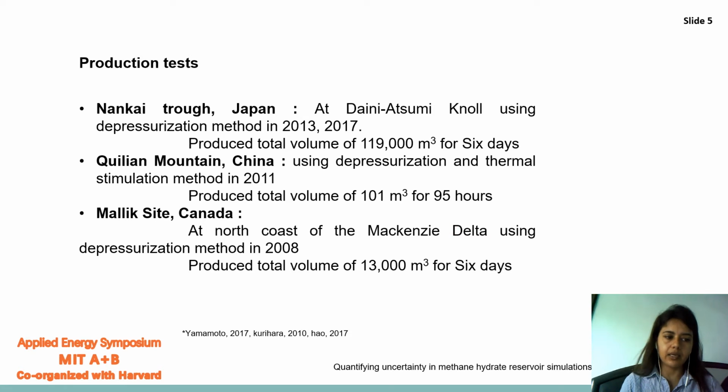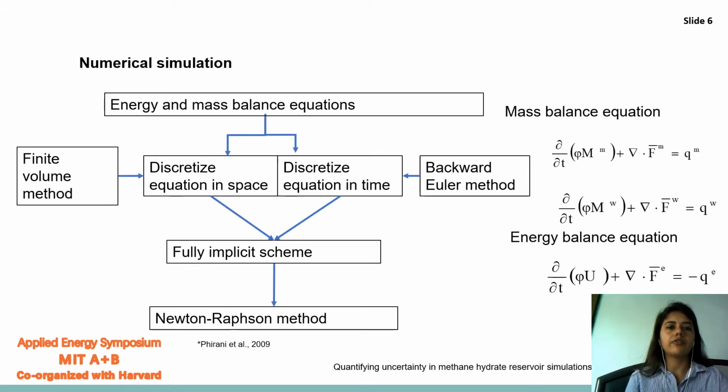Usually, numerical simulations are used for the prediction of gas production from these reservoirs. In our lab, we have an in-house multi-phase 3D finite volume simulator which accounts for three components: water, methane, and hydrate, and four phases: gas, aqueous, hydrate, and ice.